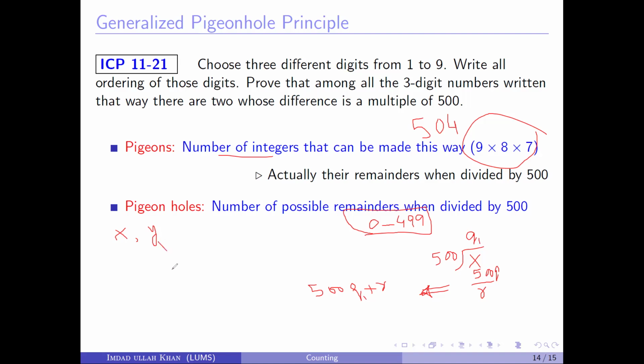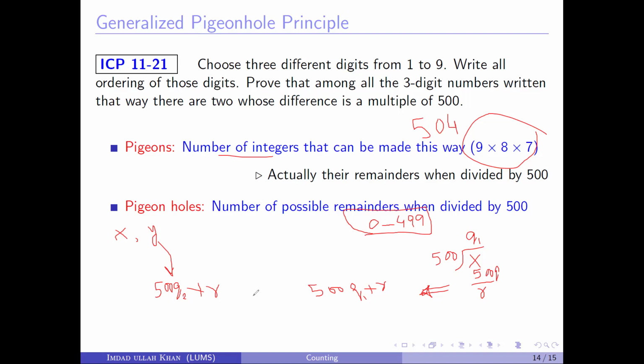So y can be written as 500 times, because we're dividing y over 500, some quotient q2 plus r. And why are we writing r and r in both of the numbers? The reason is because r is the common remainder. They are sharing the remainder.